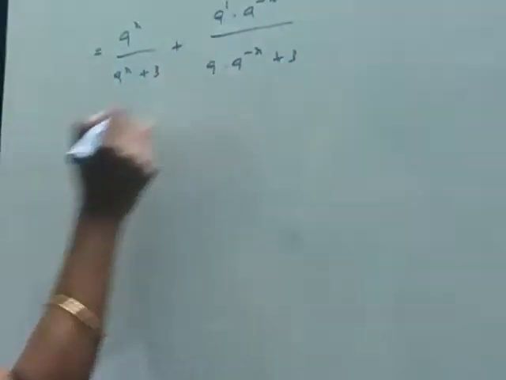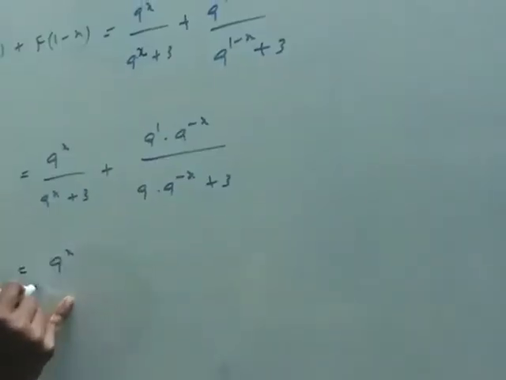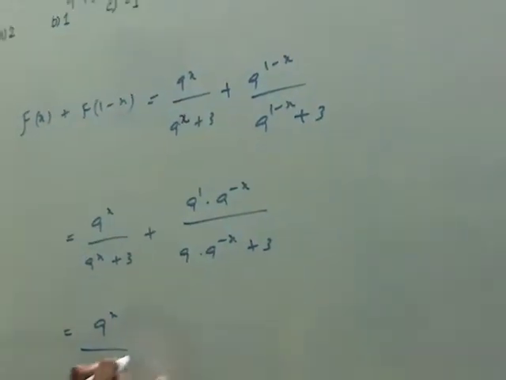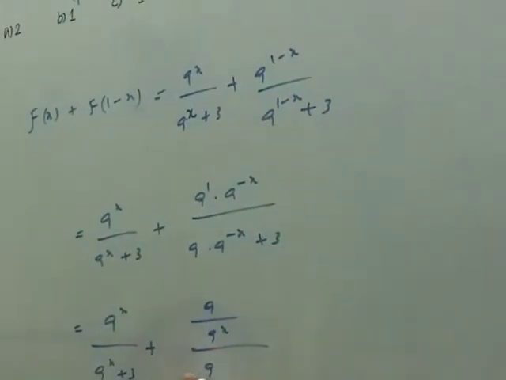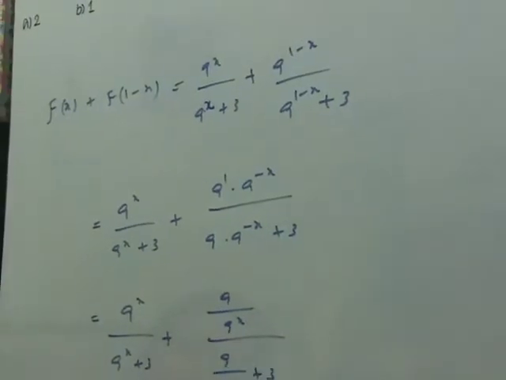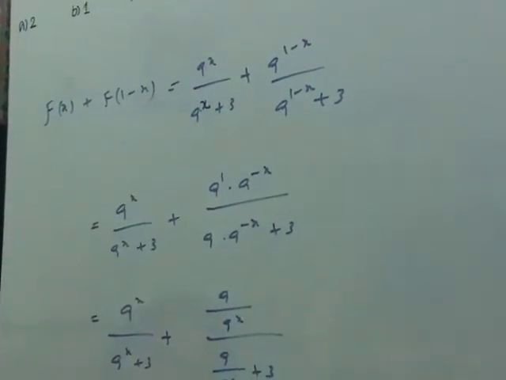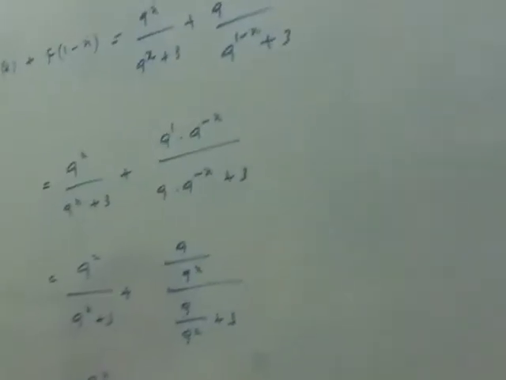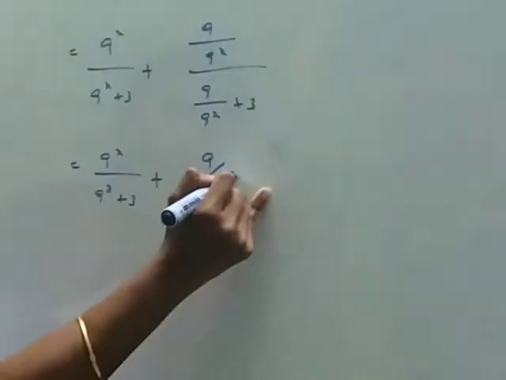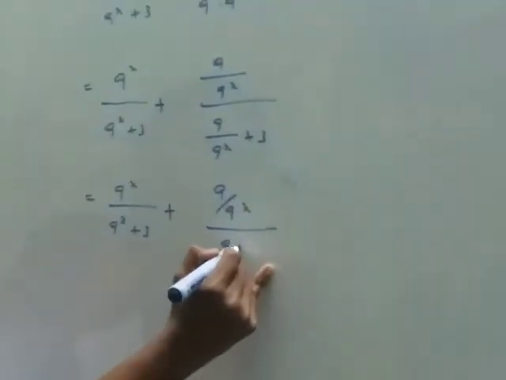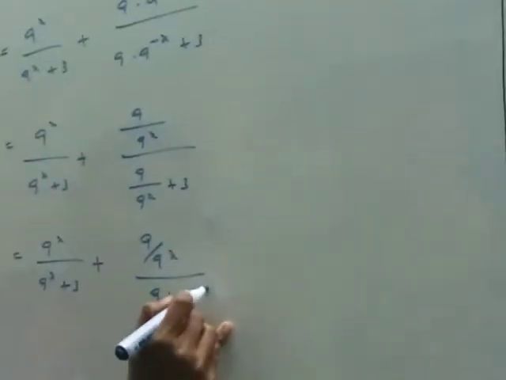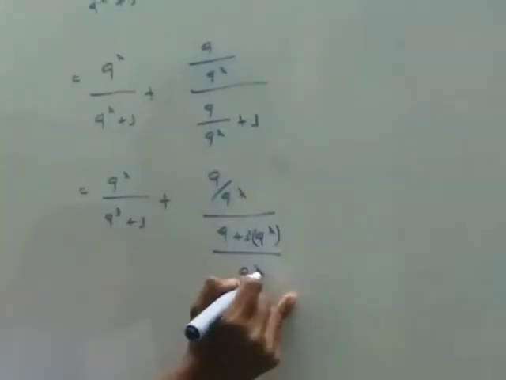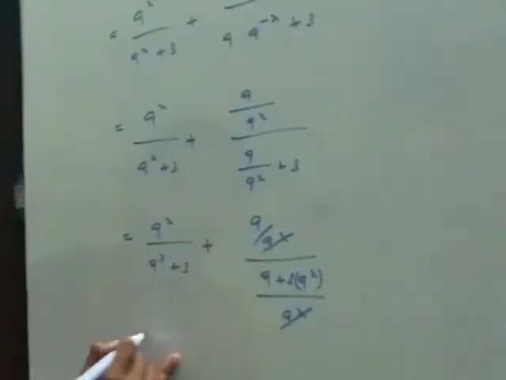Okay, yeah? So here first term 9 power x by 9 power x plus 3. In the second term, 9 by 9 power x, 9 by 9 power x plus 3. So you get 9 power x by 9 power x plus 3 plus 9 by 9 power x. We are taking LCM, 9 plus 3 into 9 power x by 9 power x. 9 power x, 9 power x get cancelled.